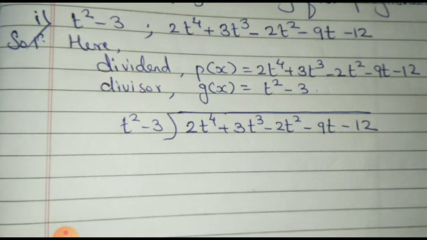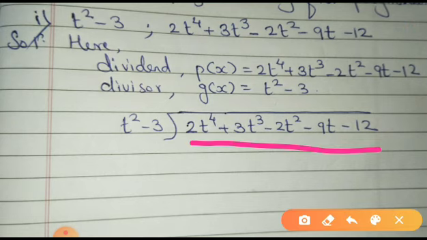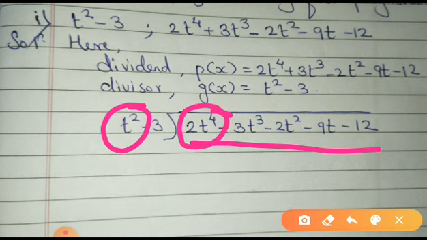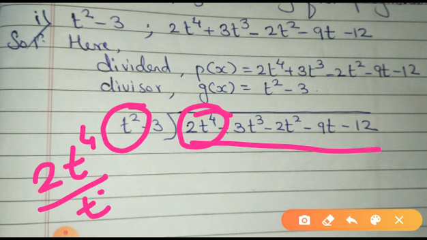So we divide 2t raised to 4 plus 3t cube minus 2t square minus 9t minus 12 by t square minus 3. Now t square into what gives 2t raised to 4? It is 2t square, that is 2t raised to 4 divided by t square.